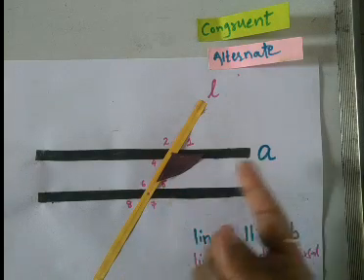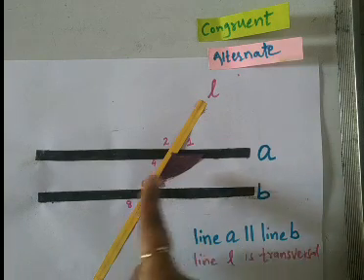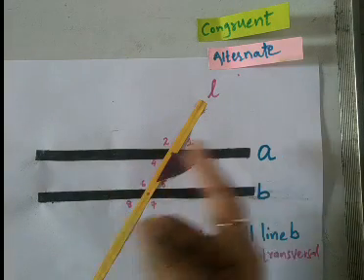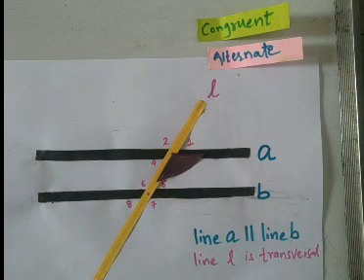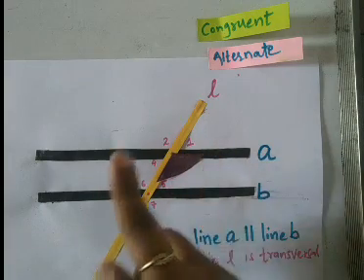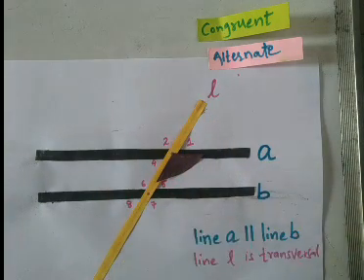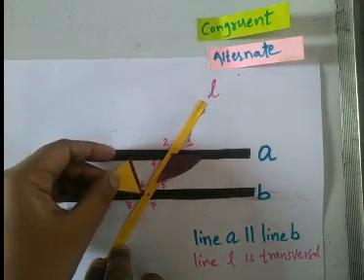Angle number 5 is on the same side, the right hand side, so that could not be its alternate. Angle number 4 is forming on line A only, so that also cannot be its alternate angle. So if this angle is forming on line A on the right hand side of the transversal, its alternate angle would be on line B on the left hand side of the transversal.